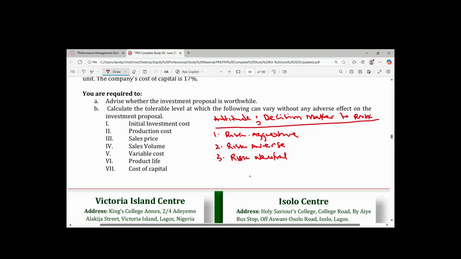And the third one is risk neutral. A risk neutral investor, decision maker or manager does not avoid or seek risk. He or she will be willing and ready to accept any outcome in any condition or state of nature, irrespective of the outcome. Okay, so these are the attitudes of a decision maker to risk.